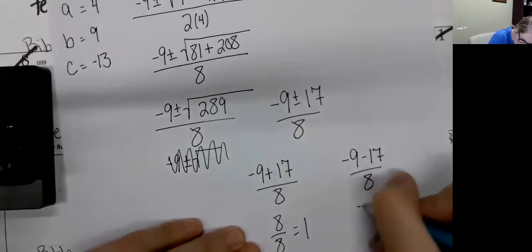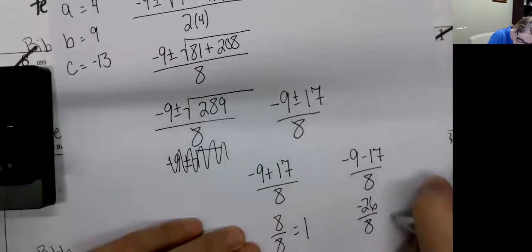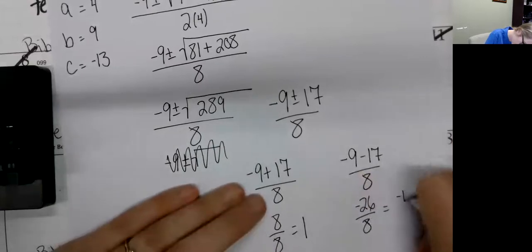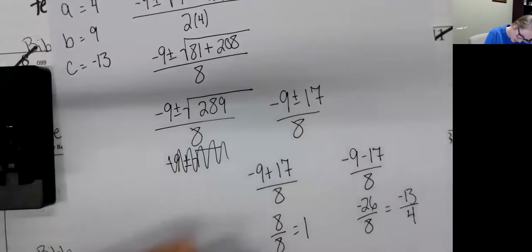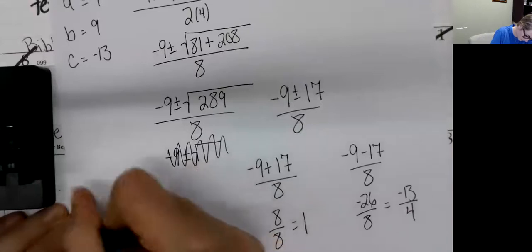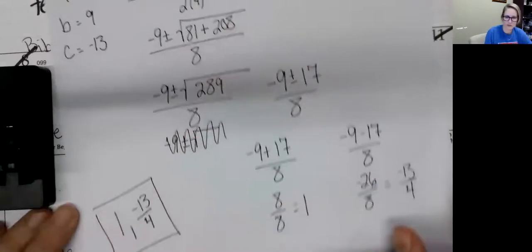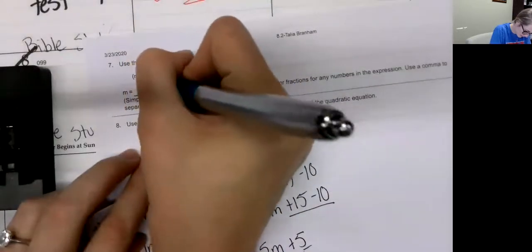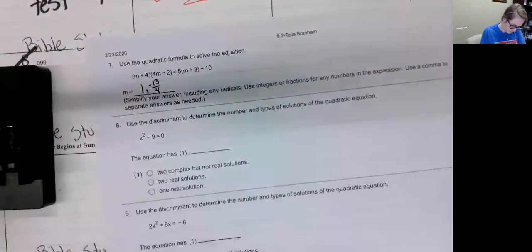And this one would be negative 26 divided by 8, which would be negative 13 fourths. So our answer would be 1 and negative 13 fourths. Weird answer. There it is. So let's write that down onto this paper. So 1 and negative 13 fourths.